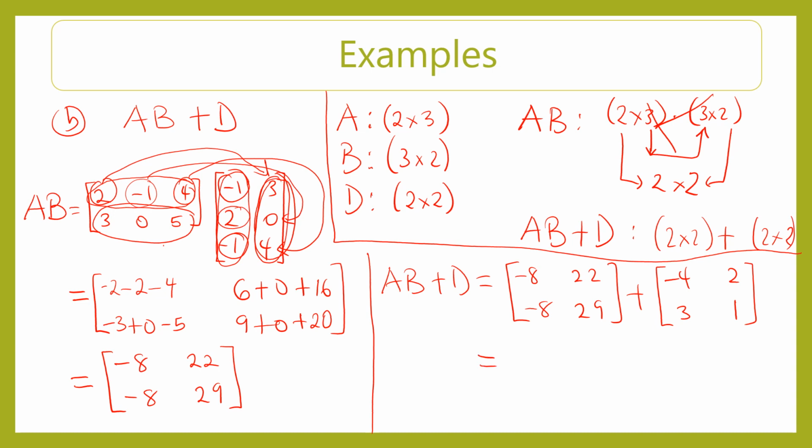So we do the entry-wise also. Minus 8 minus 4 gives us minus 12. 22 plus 2 gives us 24. Minus 8 plus 3 gives minus 5. 29 plus 1 gives 30. That becomes AB plus D.